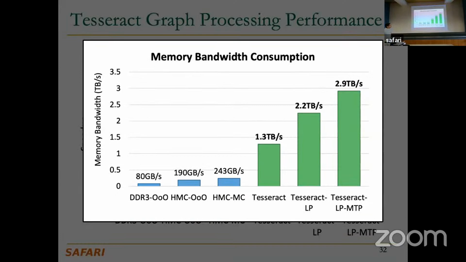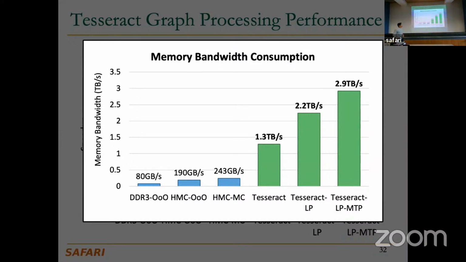And this is also a related plot, this one corresponding to memory bandwidth consumption. So how much of the provided bandwidth is exploited when you use DDR3 memory or HMC memory or Tesseract?